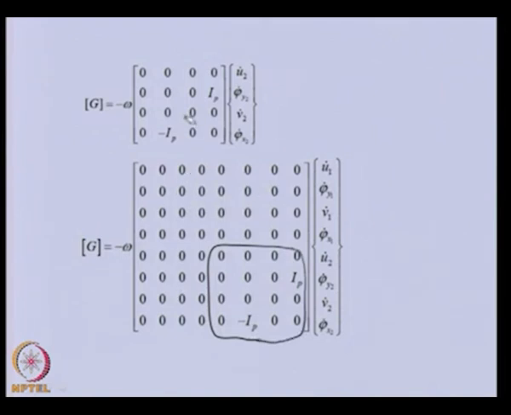This particular matrix has directly come here because these variables correspond to this variable. So, we just expanded this so that we can couple this gyroscopic matrix with our shaft elemental equations.